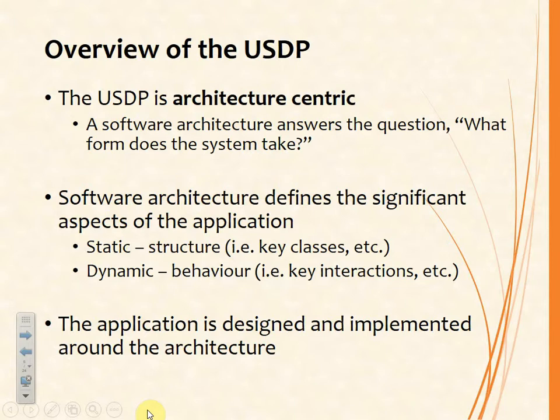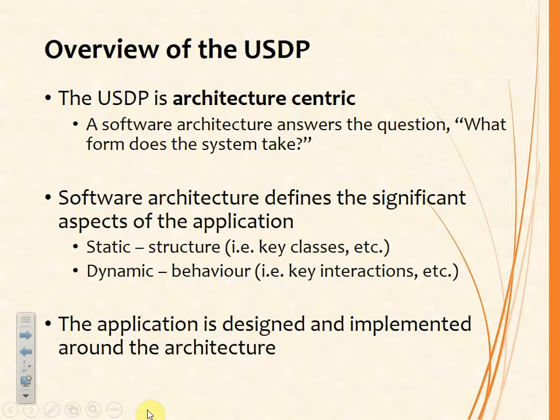The USDP is also architecture-centric, so it will focus on the form, the architecture of the system. One of the things that we do during the analysis stage is to think about the architecture of the software, to think about the kinds of classes that we will need at the boundaries and as entities and as managers and so on.